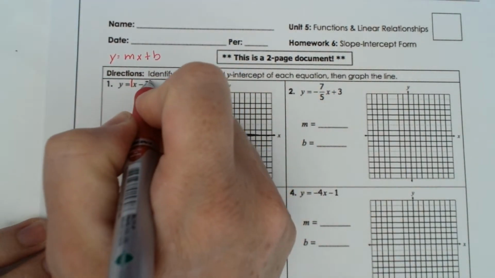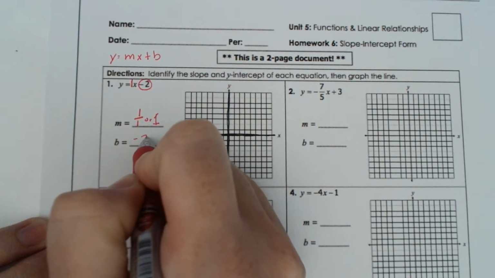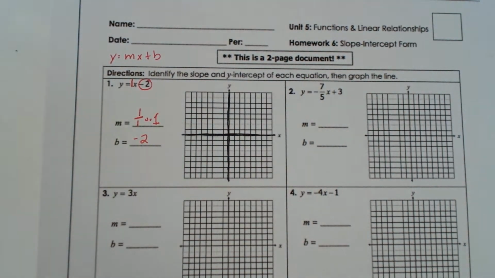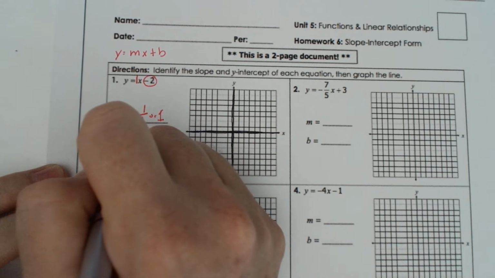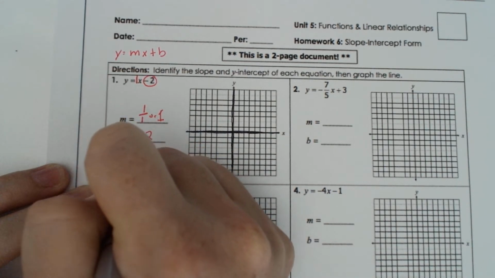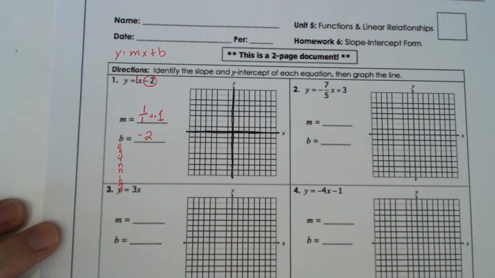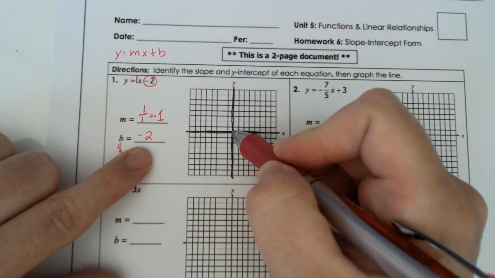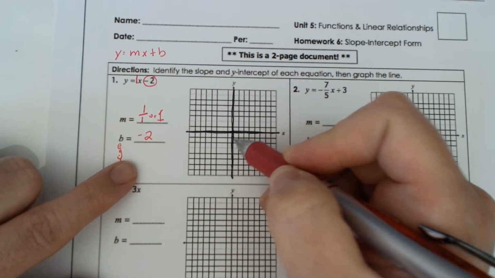And then our b value is right here, negative 2. So remember, when we're graphing, I always start with this first because I kind of call this our beginning value, our beginning point. So I'm going to start at the origin and I'm going to go 2 down the y-axis, so 1, 2.